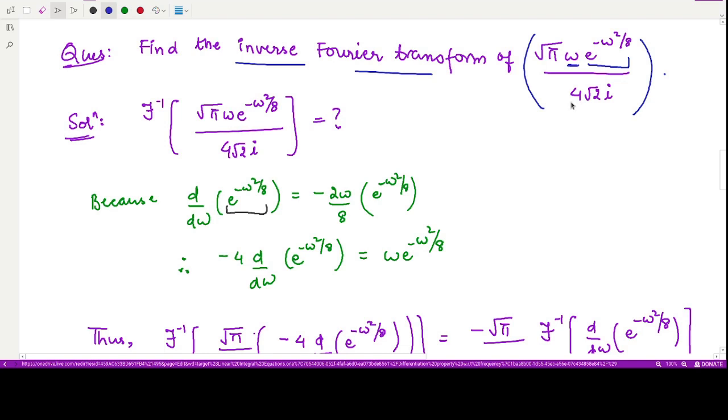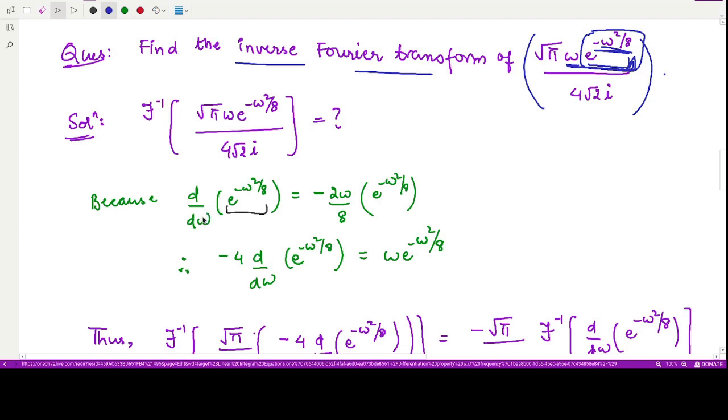So what one can do is make an observation that if you differentiate this function, you have this function as such, and then according to the chain rule, you will have 2 into omega, minus 2 omega by 8, right? So accordingly, you have this omega here. So all in all, you can write the whole of this thing as the derivative of some quantity.